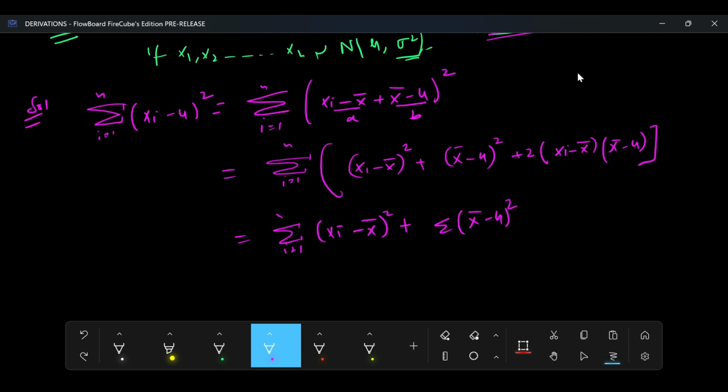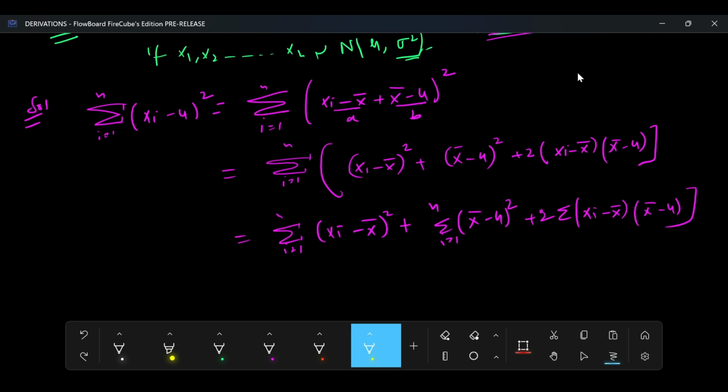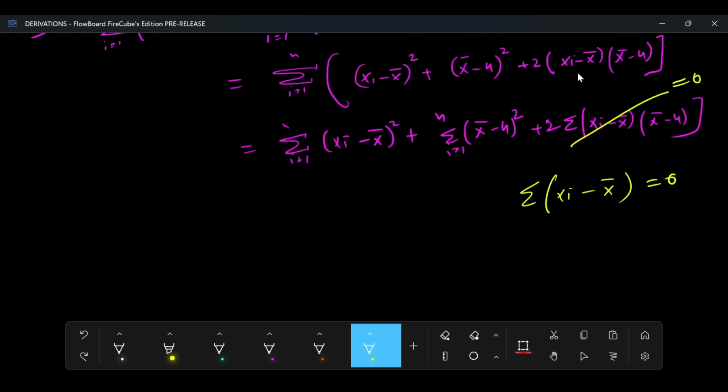Or we can simply write this as summation (xi minus x bar) square plus summation (x bar minus mu) whole square plus 2 summation (xi minus x bar)(x bar minus mu). Since the sum of deviations taken from the mean is equal to 0, this term will be equal to 0. So this is equal to summation (xi minus x bar) square, and see, x bar minus mu is constant, as the mean is constant.